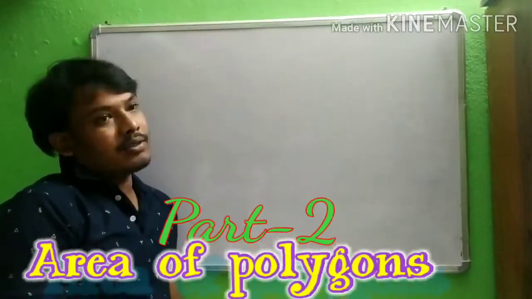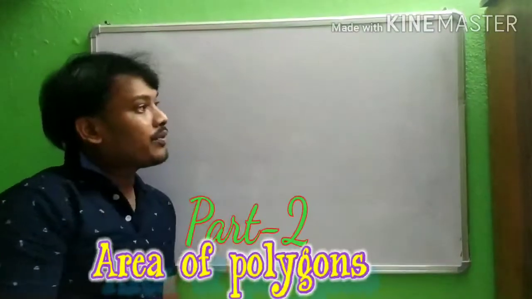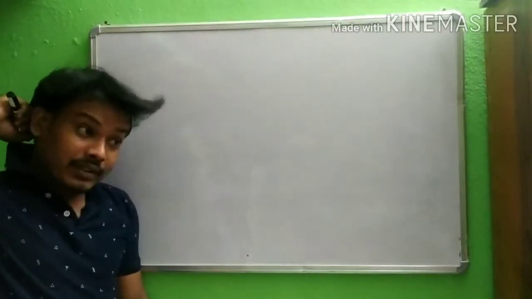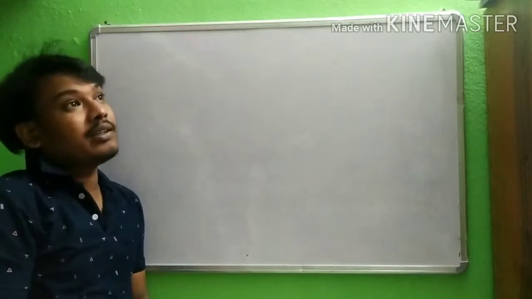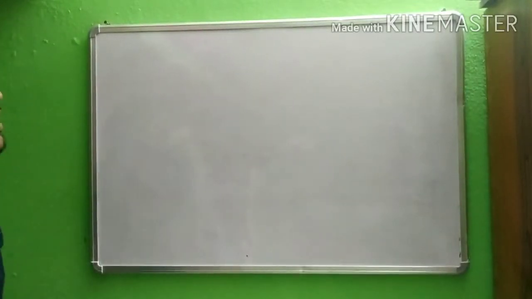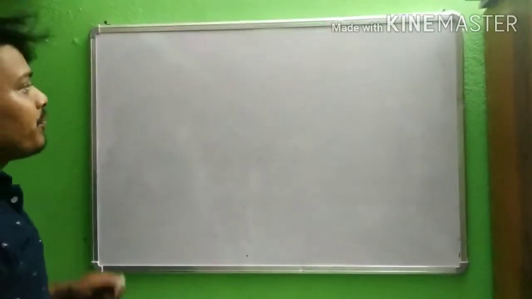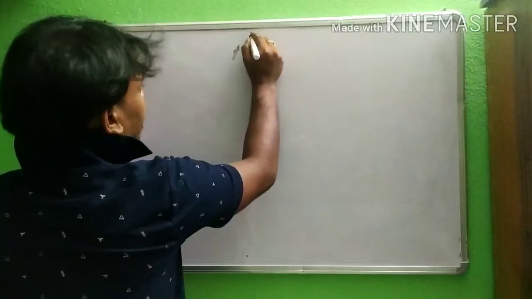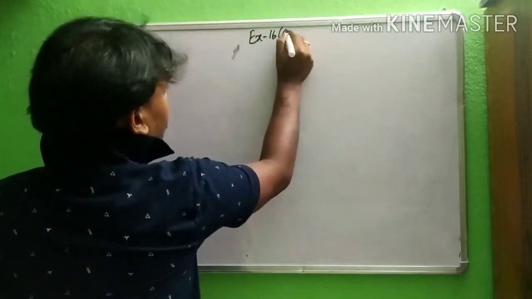Okay, so in the first exercise we will find the area of a trapezium, and in the next exercise we will find the area of any polygon. So, area of a polygon, exercise 16b.